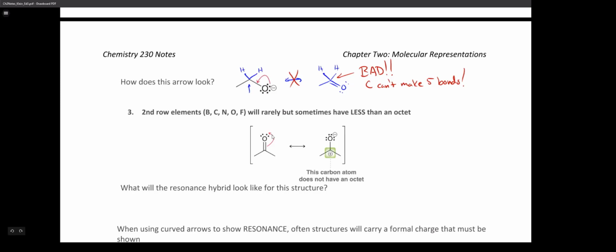This oxygen has an octet, and afterwards it still has an octet. You're not exceeding the octet rule, but it's less than an octet, okay? These two are technically resonance structures. They are both valid, but what we will learn is they are not equally important. The structure at the left is much more important than the structure at the right to understand its reactivity, to an extent.